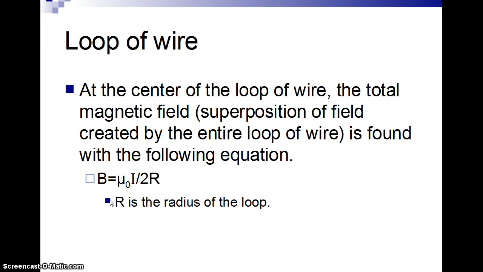All right. It turns out when you have a loop of wire, at the very center you're going to get a magnetic field equal to mu 0 I over 2r, where r is the full radius of the loop, not just some generic distance. It's at that center point, and the pi gets canceled out because of all of the magnetic field you're adding up.